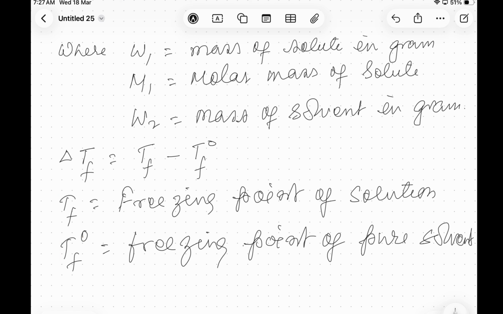Now the next question is, depression of freezing point is a colligative property. But before going into that, let me explain the Van 't Hoff factor, which is expressed as i.